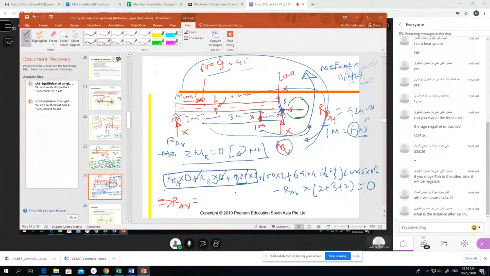Point 2, 0.2. How 0.2? The diagram became very clumsy, so I draw it again.